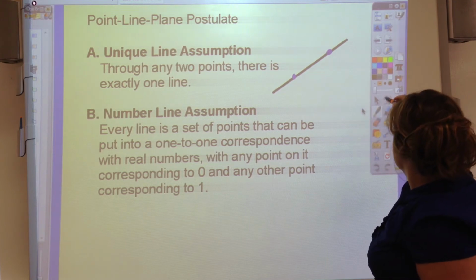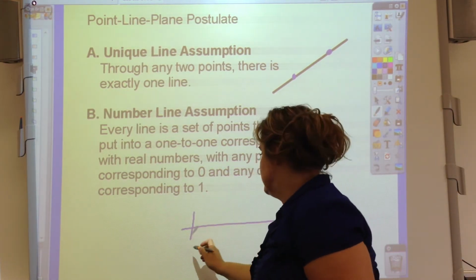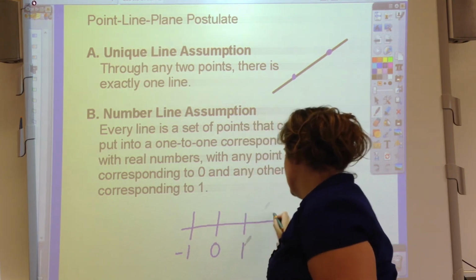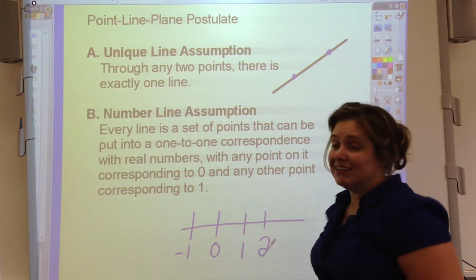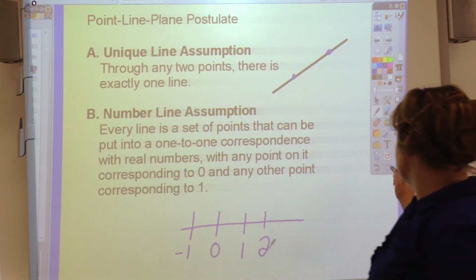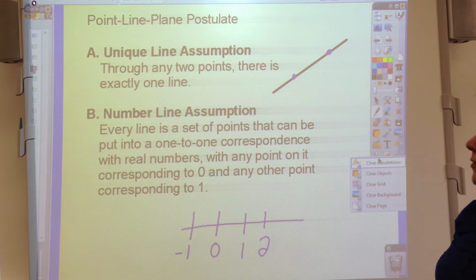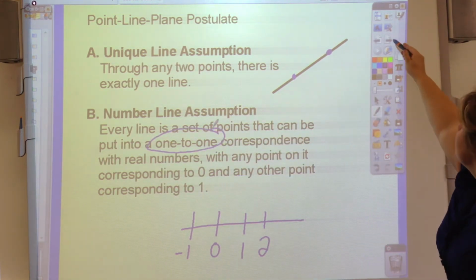For example, if I draw a number line that we're used to, say -1, 0, 1, 2, you can see that each point on my line maps to one and only one point in the real numbers. And there are other ways to write number lines, but remember there must be a one-to-one correspondence.